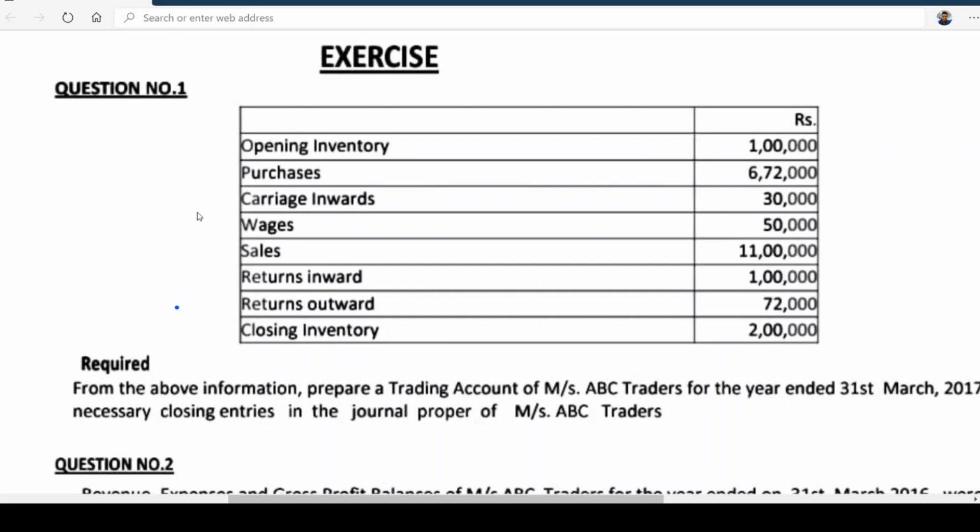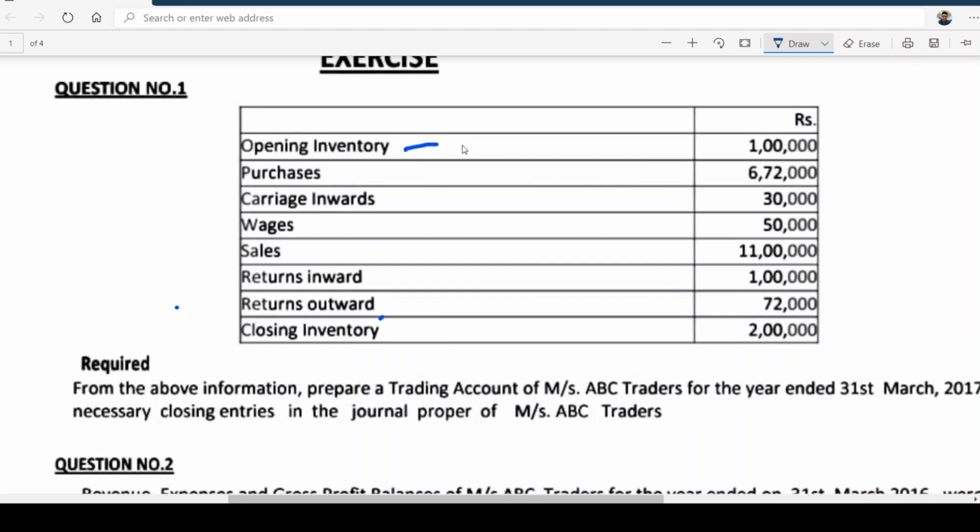It is asking you the entries. Entries we can write later on. Opening inventory, sorry, where does it go? Trading account, debit side. Purchases, trading account, debit side. Carriage inwards, trading account, debit side. Wages, trading account, debit side. Sales, trading account, credit side. Return inward, deduct from sales.